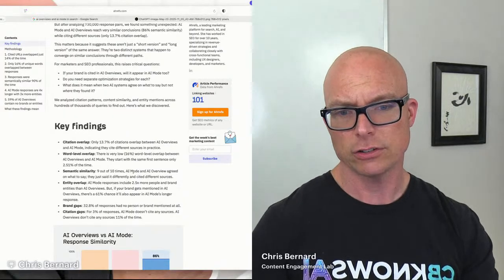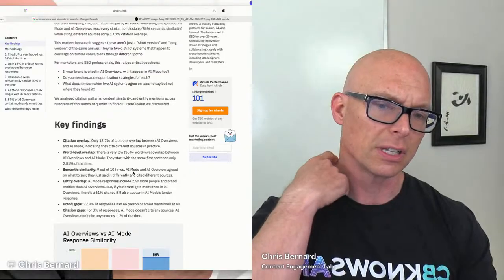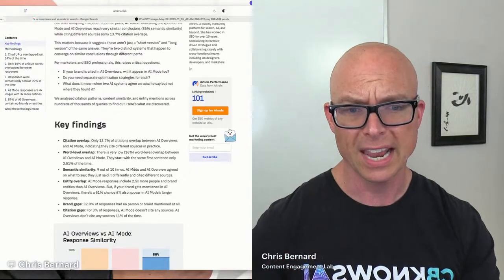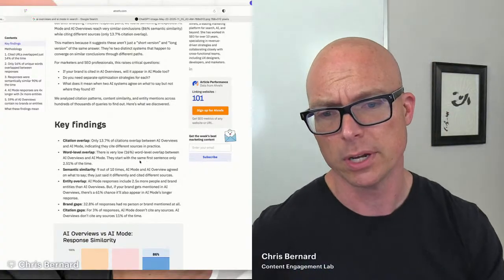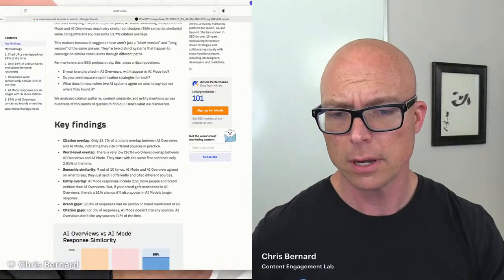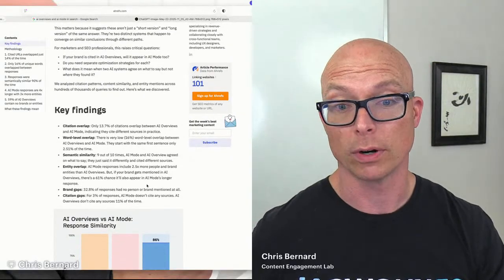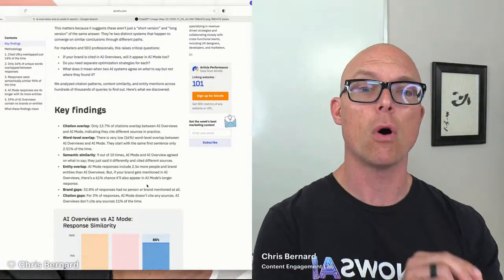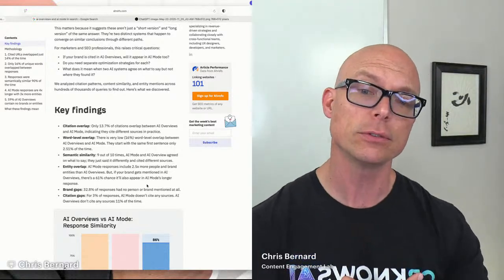So citations only overlap in 13.7% of the cases between AI overviews and AI mode, indicating they cite different sources in practice. Word level overlap is very low, 16% between AI overviews and AI mode.